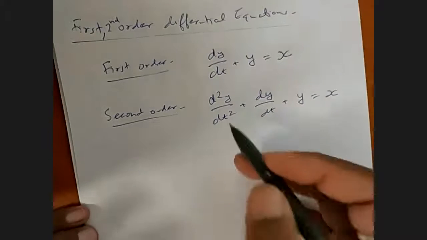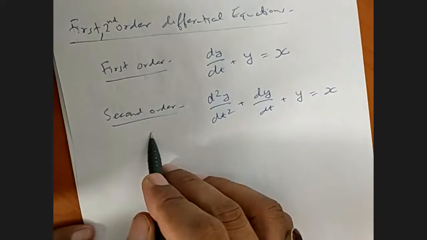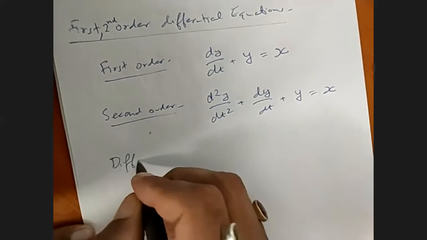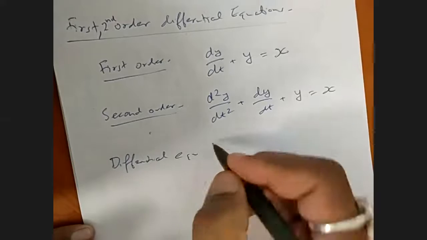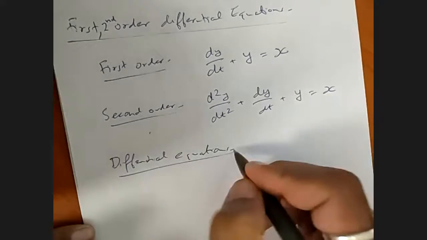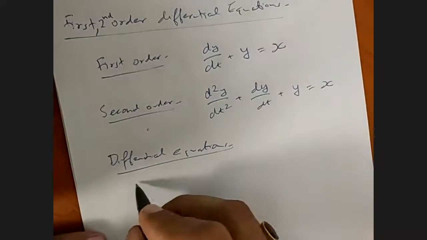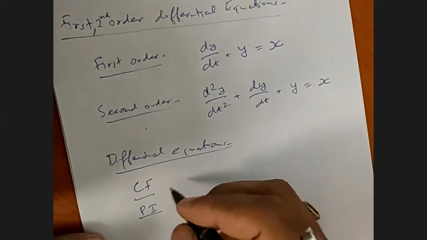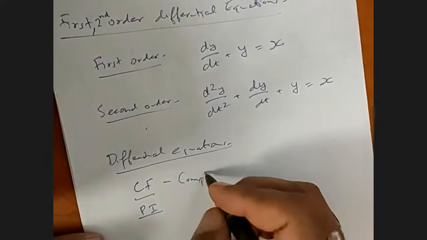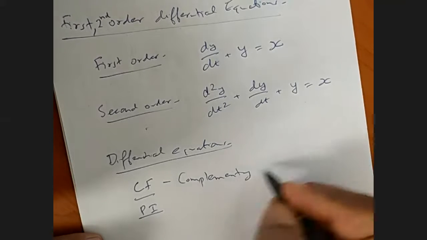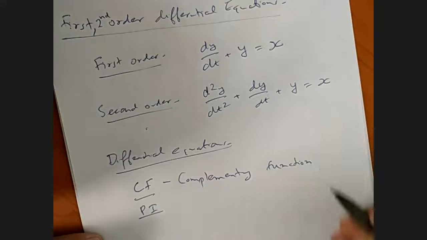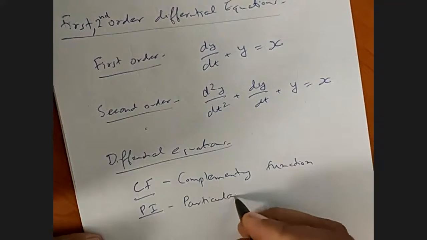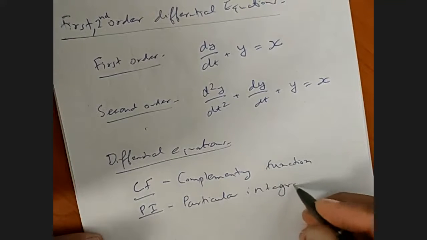So when we are solving these first or second order differential equations, these are simple differential equations. And for solving these kinds of equations, we need to calculate what is CF and what is PI. CF is known as complementary function and PI is known as particular integral.